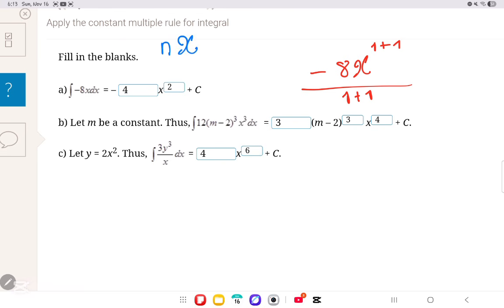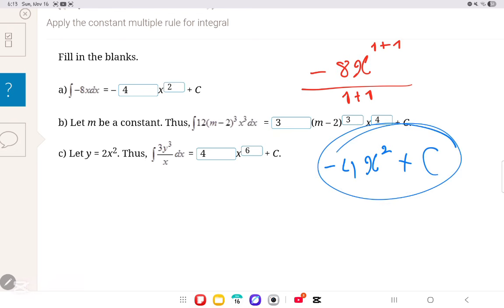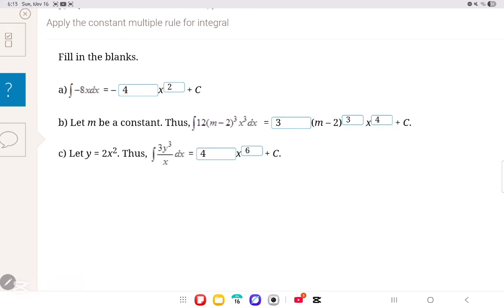It's ax to the power of n plus 1 over n plus 1. This is the general formula for the integration, okay? So it will be minus 8x to the power of 2 over 2, so minus 4x squared plus c. Don't forget plus c, the most important part.